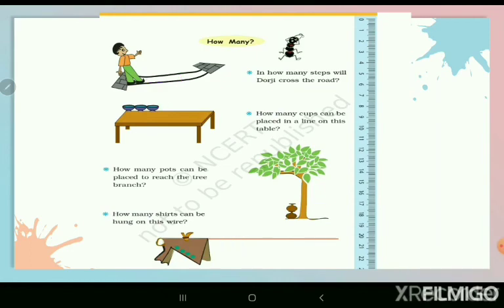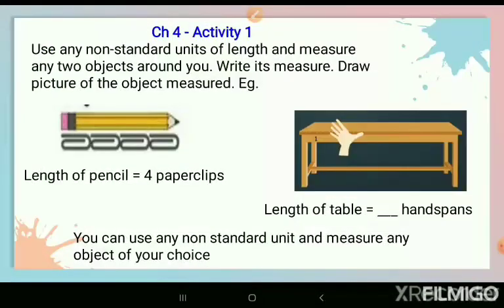Okay, so now children, there is an activity for you. This has to be done in your activity notebook. Just write the question here. You are going to use any non-standard unit of length and measure any 2 objects around you. So you can take any. I have given you 2 examples. You can take help of these examples. Like I have taken a pencil and I have measured it with paper clips, and when I measured it, it came out to be 4 paper clips.